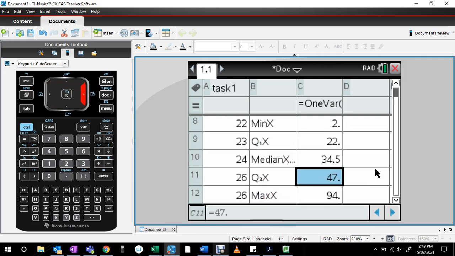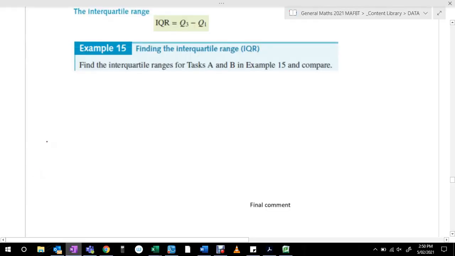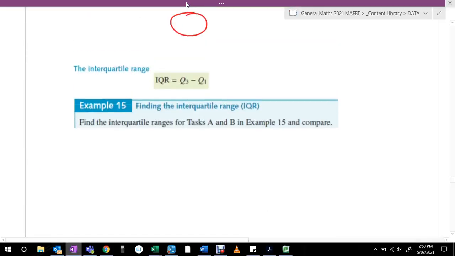Okay, so the 5-number summary is what we use to actually summarize the data. When it comes to using box plots as well, we'll look into that later on. But if you look at this part of the notes, it says the IQR is Q3 take away Q1.